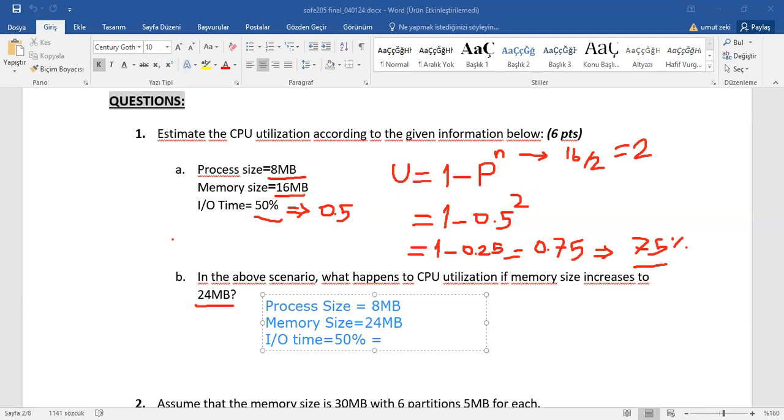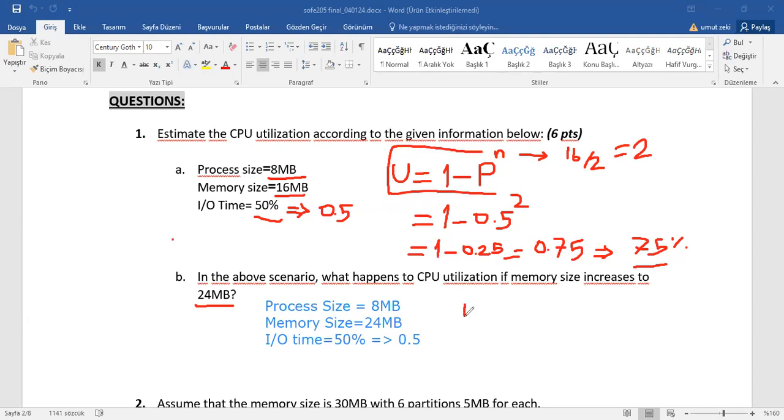So to put it in the formula, I can make P as 0.5. For the formula, same thing like this. I will apply this formula.